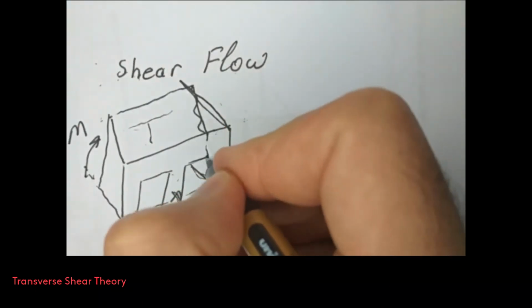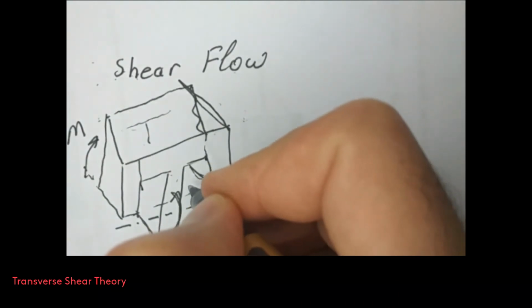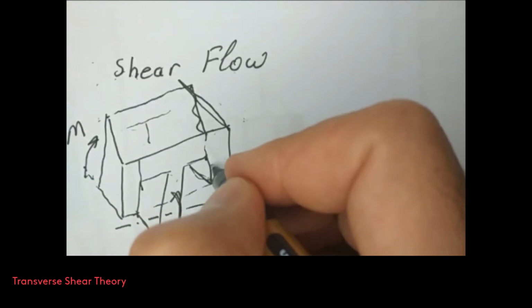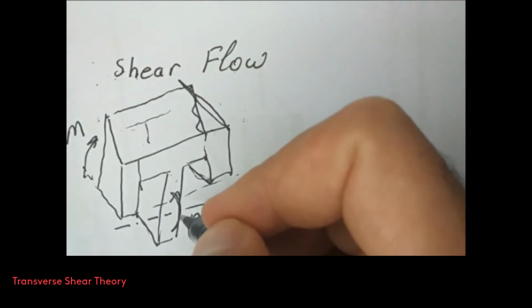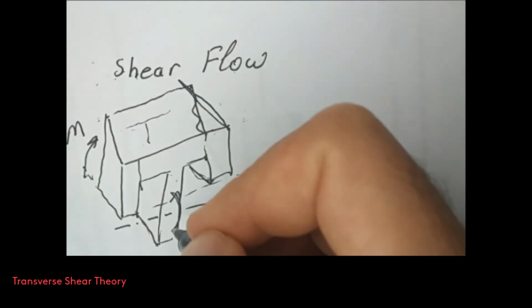Now each member or let's say sub-region of this cross section basically carries some amount of load, and we use something called shear flow in order to describe it.